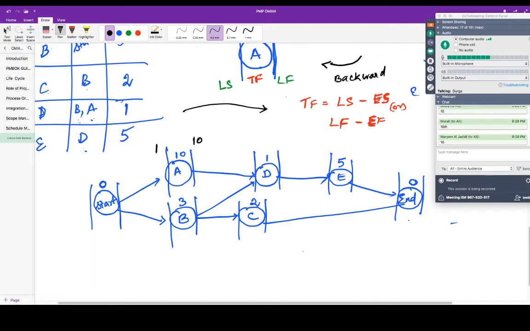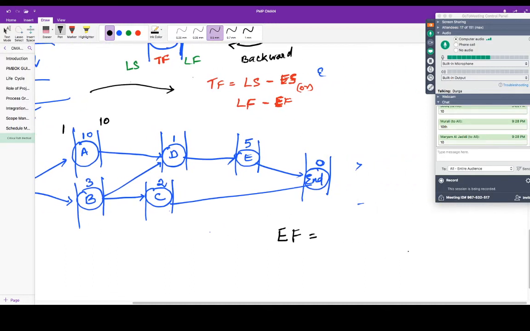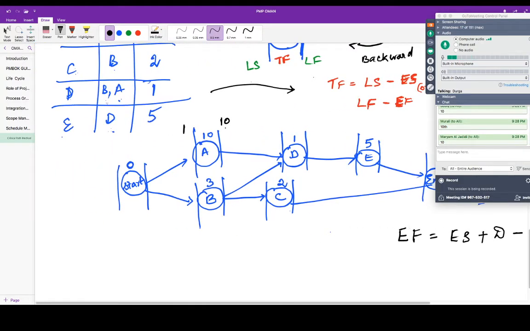So how do I write this? This is not a formula, this is logic, but keep this aside. Whenever you have a doubt, you can refer back to this. Early finish is equal to early start plus duration minus 1. So what is early finish?